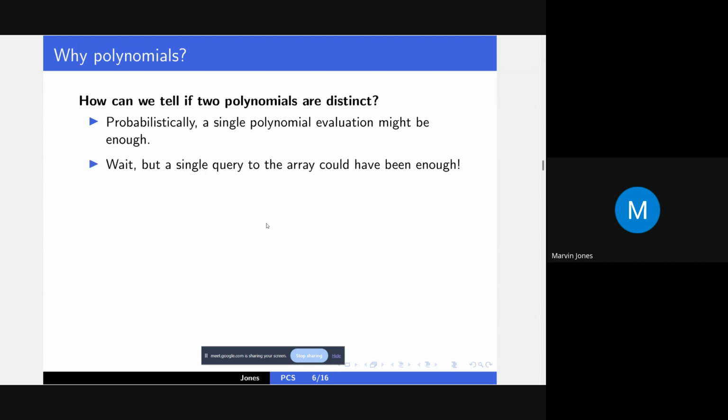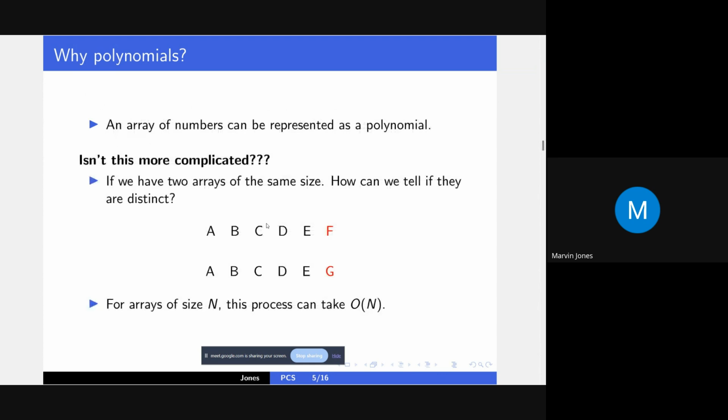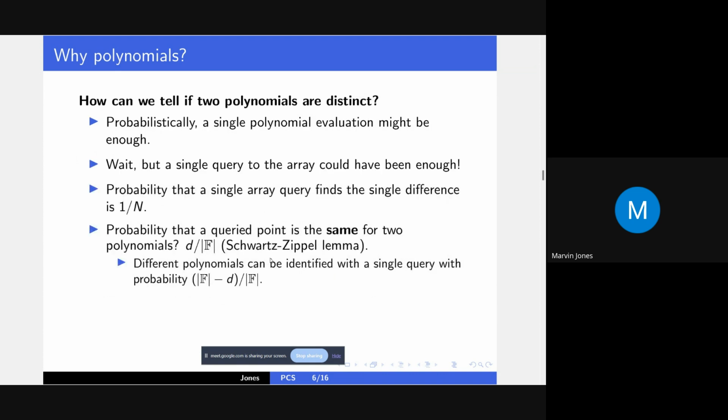Okay, you're probably going, what, on the previous slide, you didn't say anything about probability. We went through every entry. So why can't I just do a single query on the arrays and make that declaration? Well, if I pick a random one, I only have a 1 in 6 chance of finding the entry. So that's a 1 in n for a general array to find the difference.